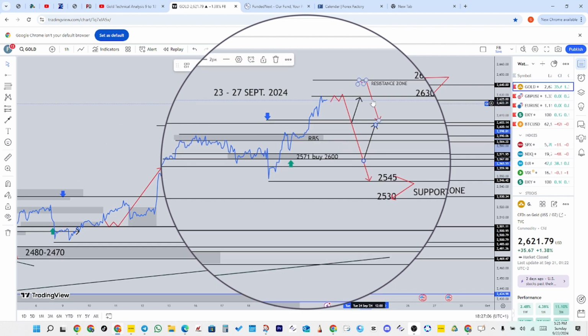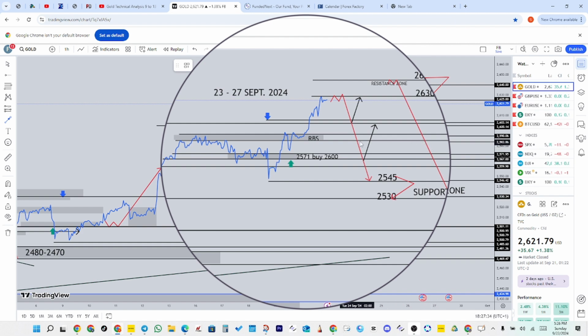If it goes to 2640, then it means that we are expecting it to come and touch this place. Do you understand? But I still want you guys to take note that this place is more likely to happen, which is 2545 or 2530.